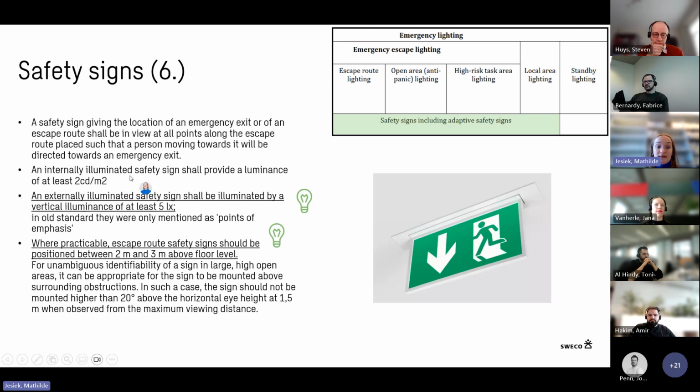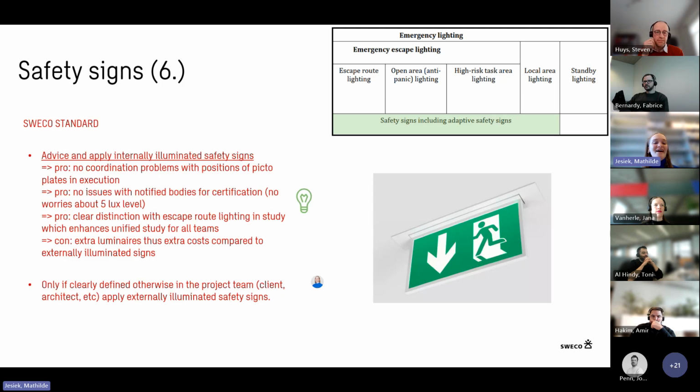Then your internally lit picto minimum needs to have 2 candela per square meter. And the safety sign should be positioned between 2 and 3 meters above the floor level. How we translate this in our practical guidelines, Steven will update you more on that.